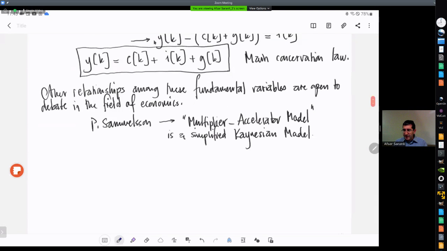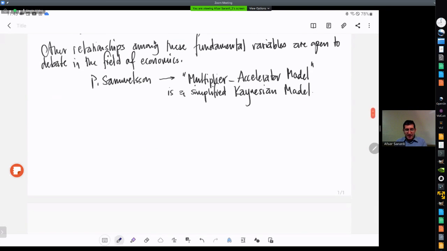Now, it suggests that there are interesting dynamics between these variables. The first one is that the consumption in the current year is proportional to the gross national product of the previous year. So what this suggests is that we spend, as a society, in linear proportion to how much the country has gained in the previous year.